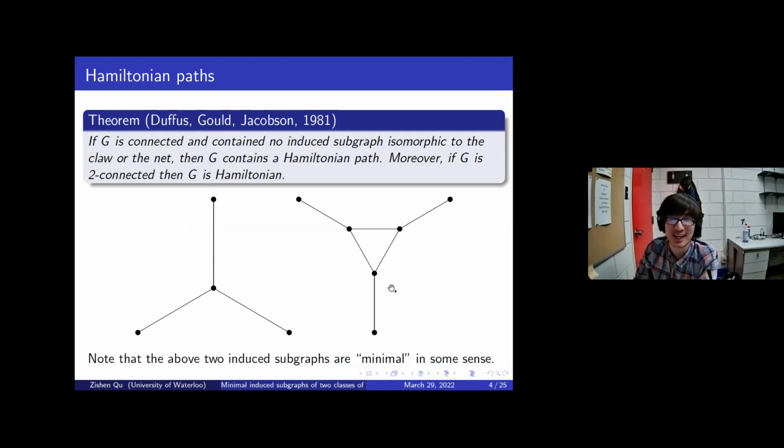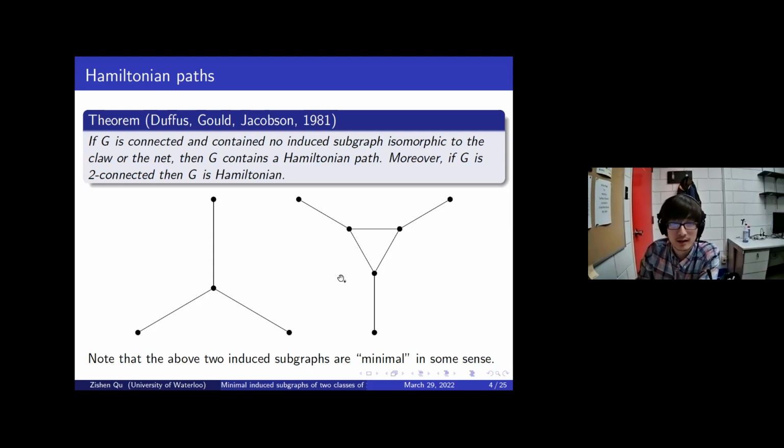There are so few vertices. But the same thing holds for the net. If you look at any connected induced subgraph, it's Hamiltonian. So in a sense, these two induced subgraphs are minimal obstructions to being traceable, to containing a Hamiltonian path. That's the sense in which I want it to be minimal.